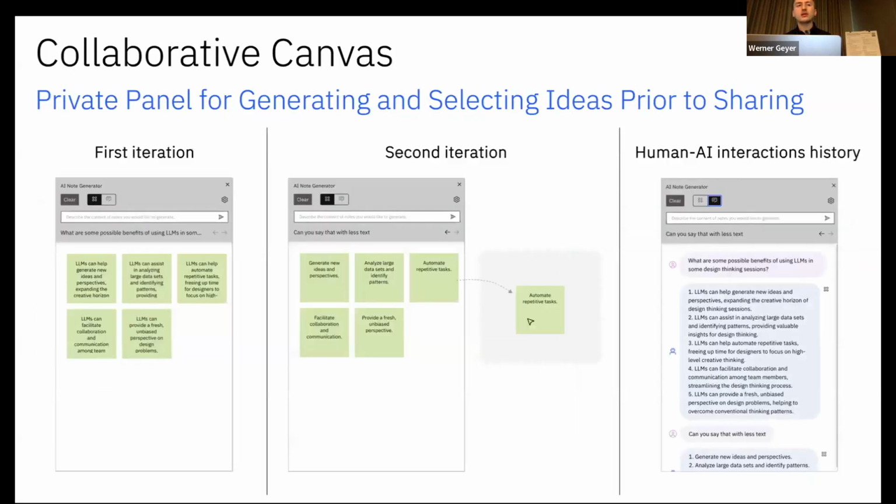This provides a separate space for users to generate notes, and the users will have control over what they want to share with the rest of the connected users. This alternative also provides a chat-like format where the users can view the chat interaction history between the humans and the AI.